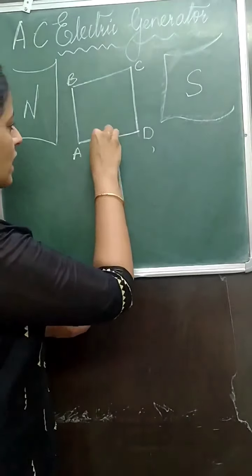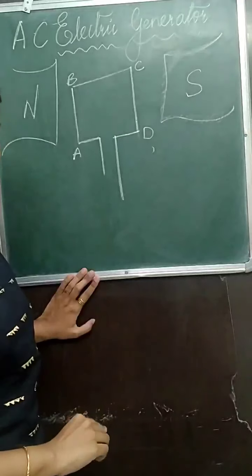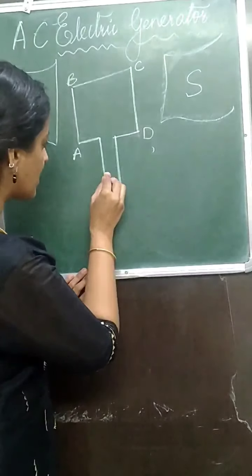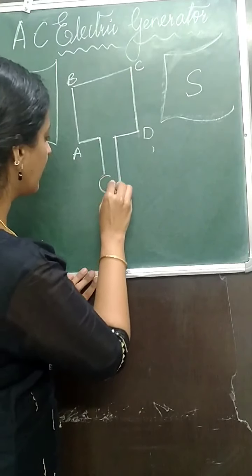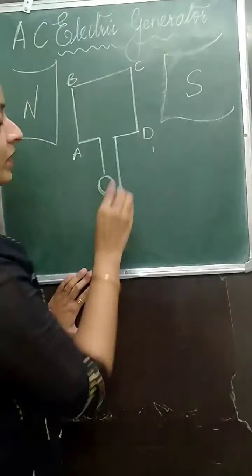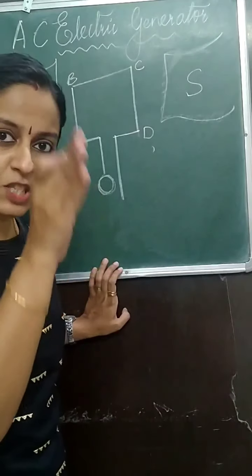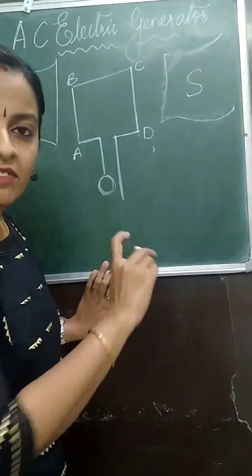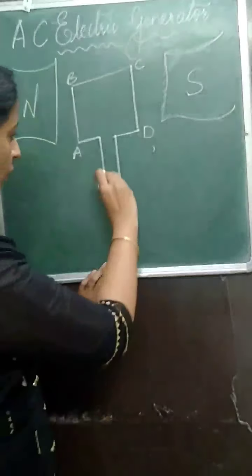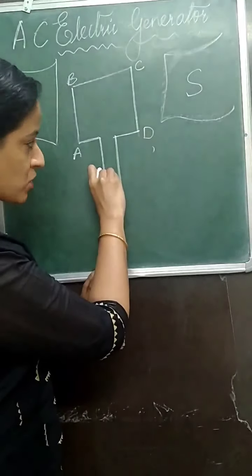Now, as you can see, to one end of the armature coil, I will attach a complete ring. In the electric motor, we had learnt about the split ring, where one ring was split into two halves. Here we are using one full ring for one end of the armature coil.